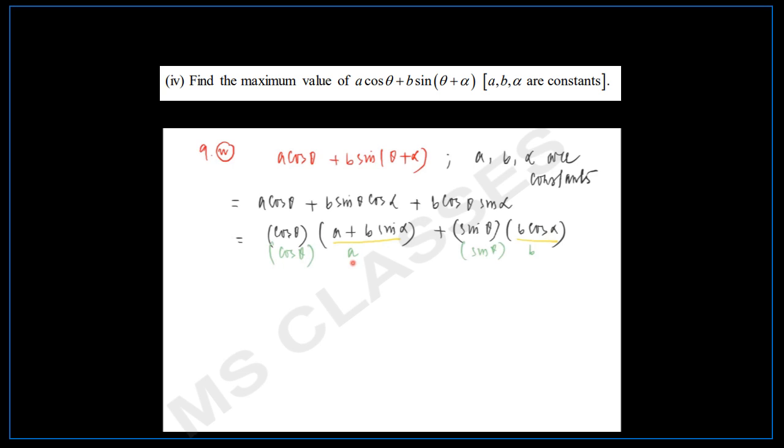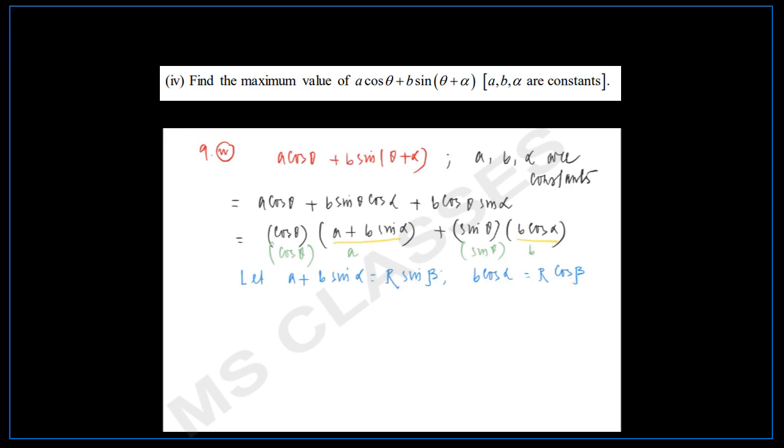See, I will take A plus B sine alpha as R sine beta, and B cos alpha I'll take as R cos beta. I have taken another variable because calculating the root of this square plus this square would be a bit lengthy. So this whole thing I'll take as R sine beta, and this whole thing I'll take as R cos beta.